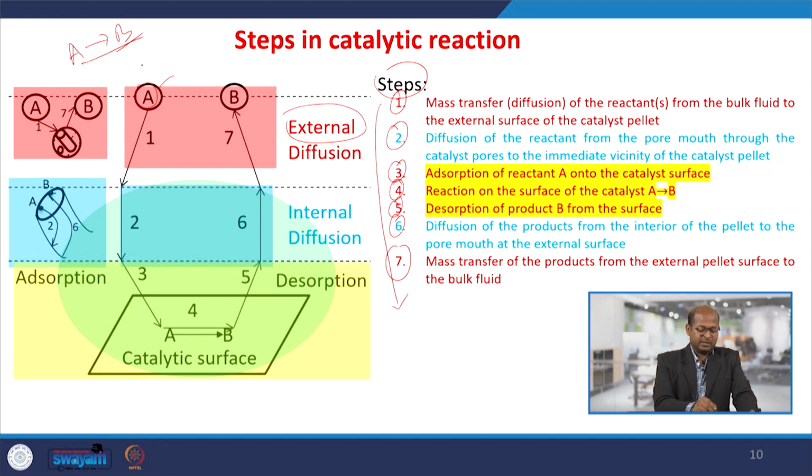From here to the catalyst surface it diffuses because of concentration differences. So, external diffusion is from the bulk to the catalyst surface. Once it reaches the catalyst surface, the reactants diffuse from the pore mouth into the catalyst pores. Here you can see the catalyst pore, and inside it is the pore mouth.